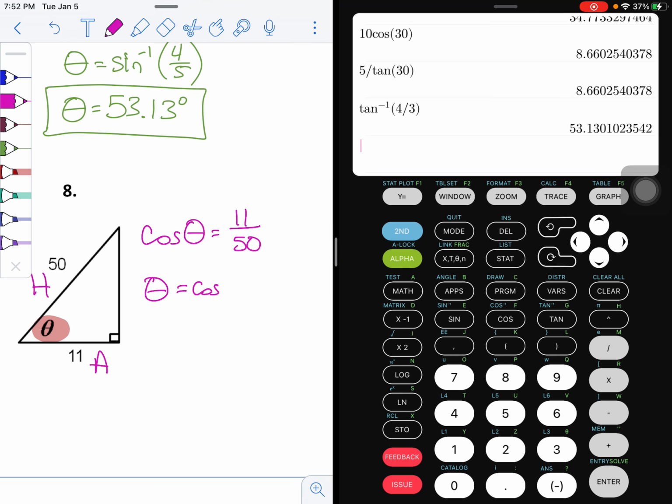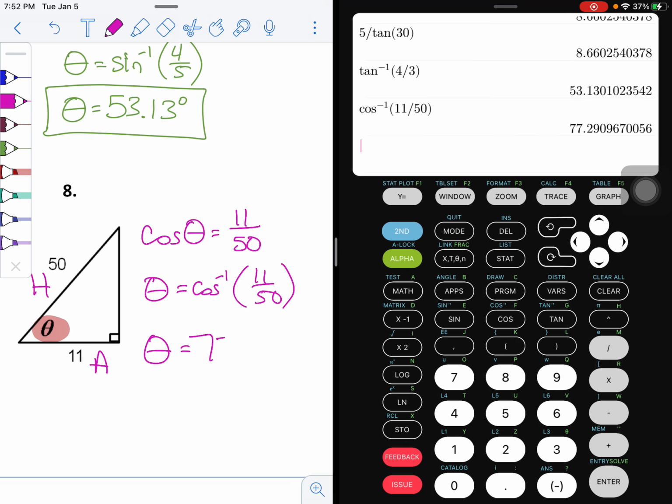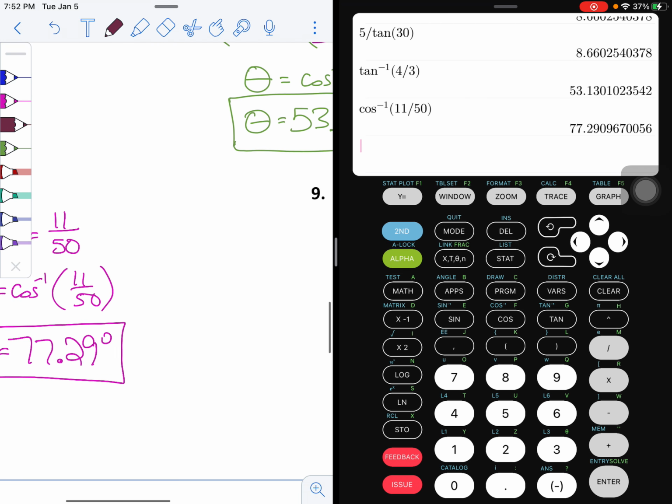I'm going to do the inverse cosine of both sides. That absolutely is going to go right into a calculator. So 11/50, close the parentheses, and I'm going to get a theta value of 77.29 degrees. Okay, so that's problem number 8.